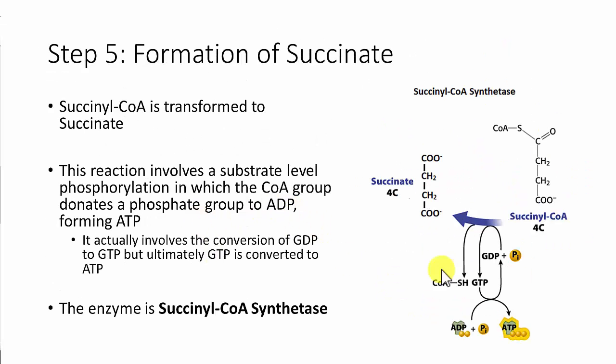So in step 5, we generate some of that ATP. It actually starts out as a molecule called GTP, guanine triphosphate, but GTP is transformed shortly thereafter into ATP. So ultimately, the net result is a formation of ATP. So our compound succinyl coenzyme A with 4 carbons is transformed into what's called succinate.